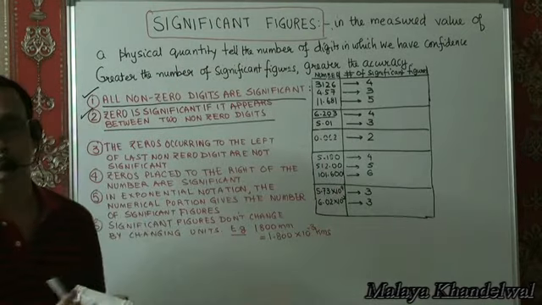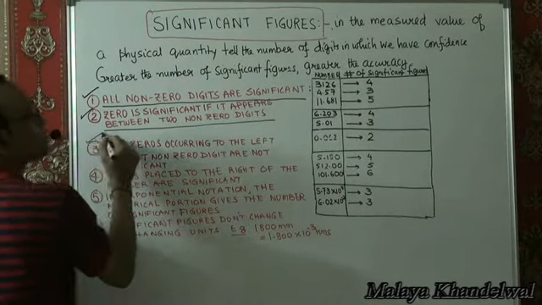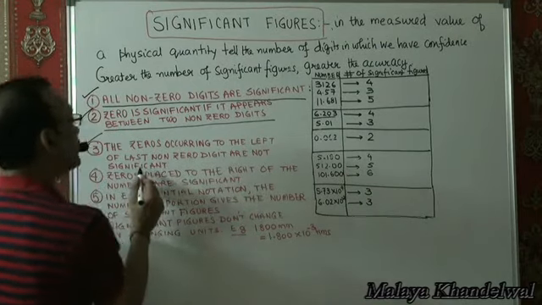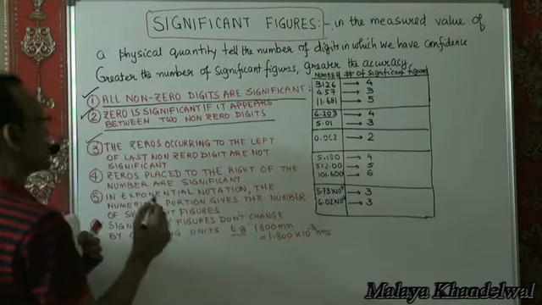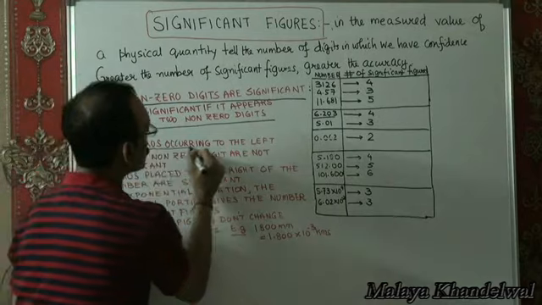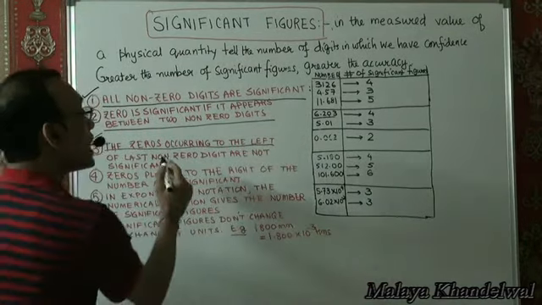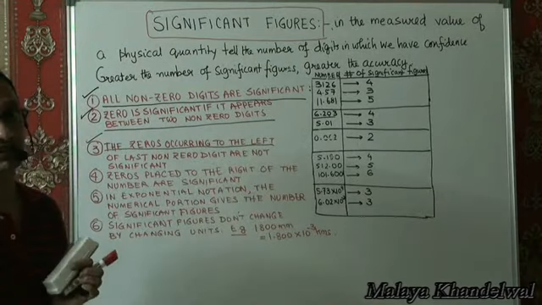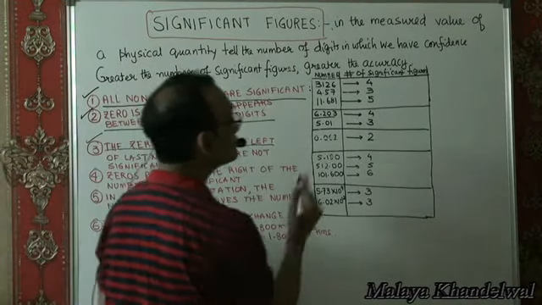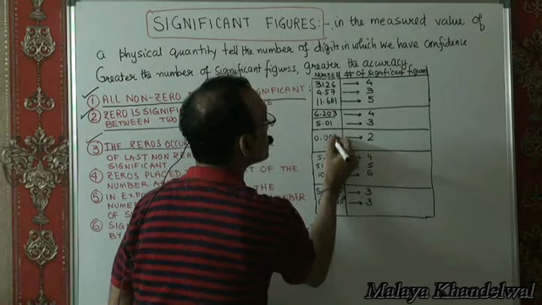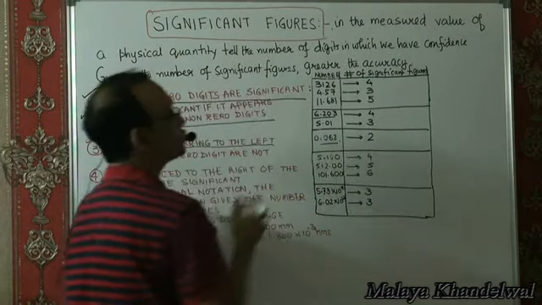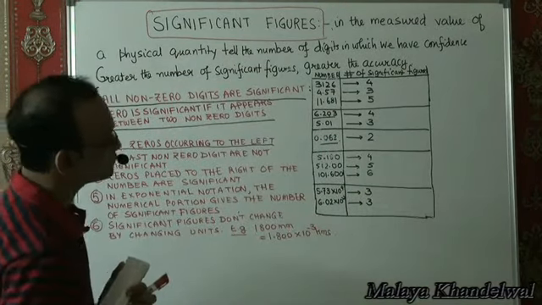That's rule 2. Then look at rule 3. The zeros occurring to the left of the last non-zero digit are not significant. What does that mean? Look at 0.062.